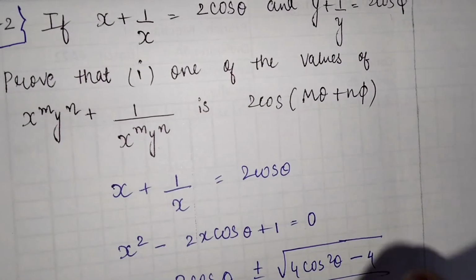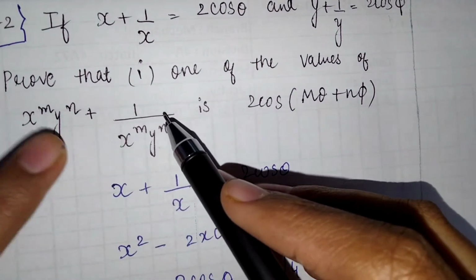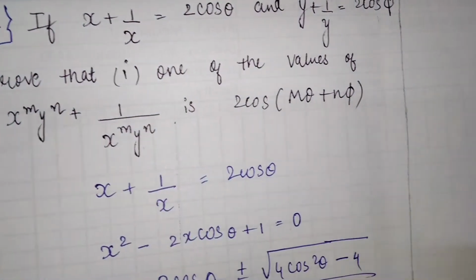હવે શું કરવાનું છે કે આપણને x raised to m ને y raised to n માં આપણે વેલ્યુ મૂકશું. આપણને x મળી ગયો છે અને y મળી ગયો છે એટલે આપણે આ ઇક્વેશનમાં વેલ્યુ પુટ કરીએ.